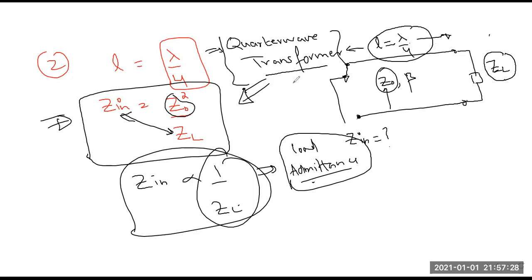It is a transformer in the sense that it is transforming impedance into admittance. I will just point out its use, but we will explore that concept in more detail later in this course. What is the use of this particular length of transmission line? It is used for impedance matching.